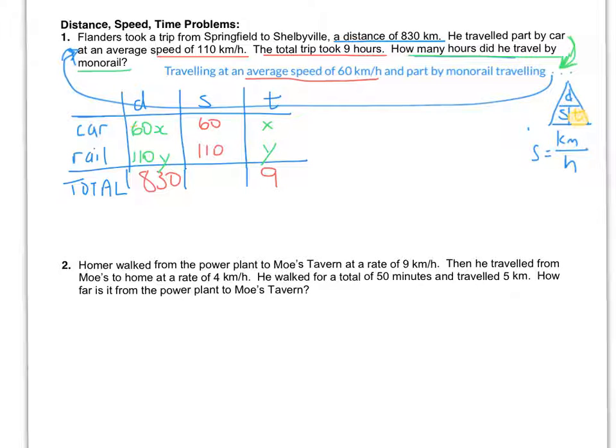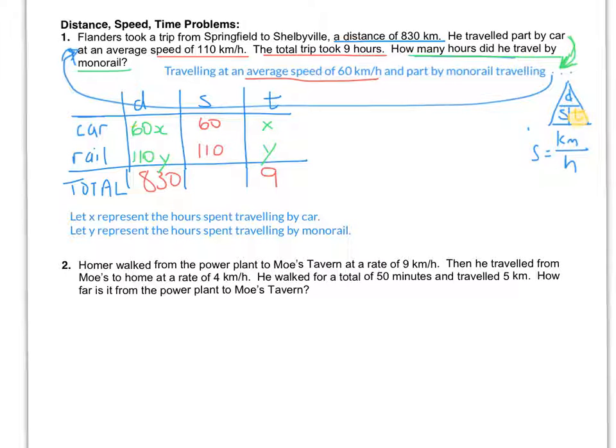So X represents the time spent traveling by car in hours, and Y represents the time spent traveling in the monorail in hours. So we should put our let statements in there, and then we'll come up with the equations.